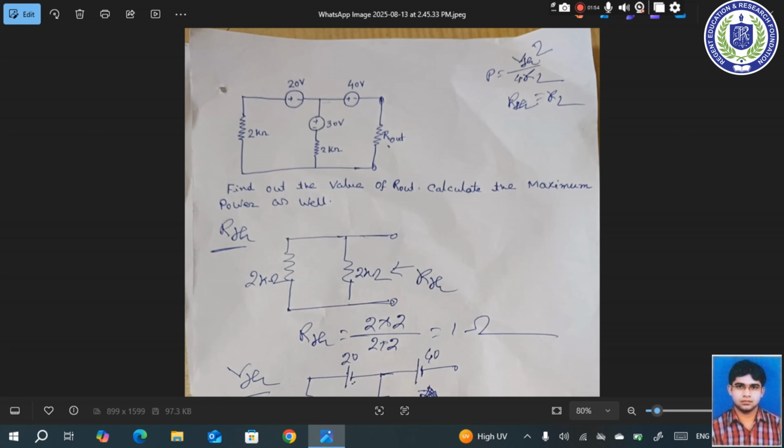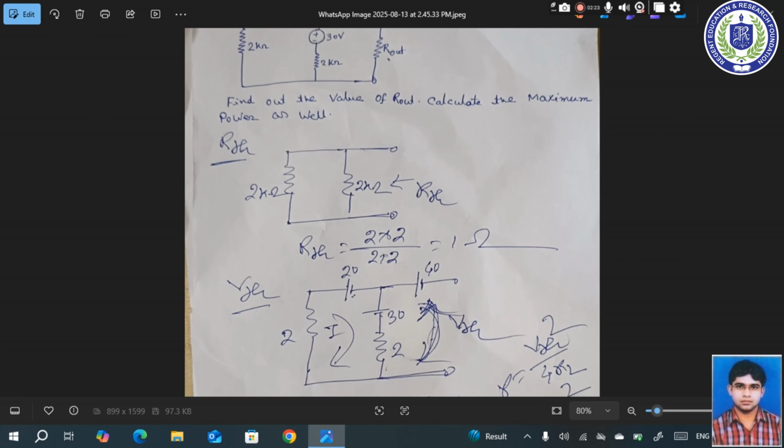So we can write the maximum power transfer theorem formula as P max equals VTH square divided by 4 RTH or 4 RL. This is the main formula used to calculate the maximum power. So now proceed with the problem.